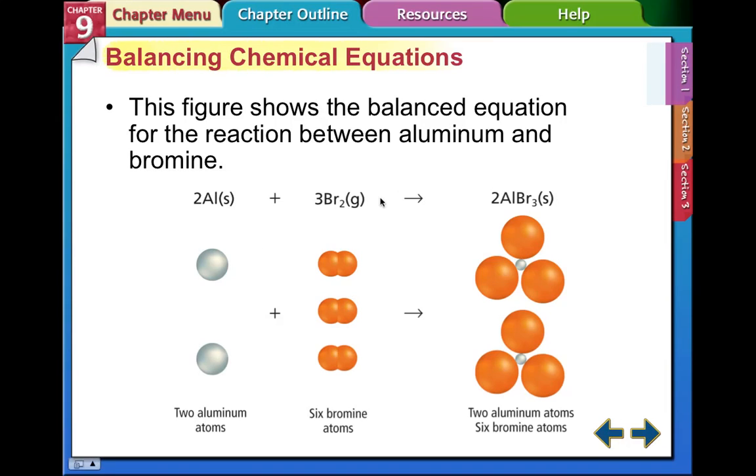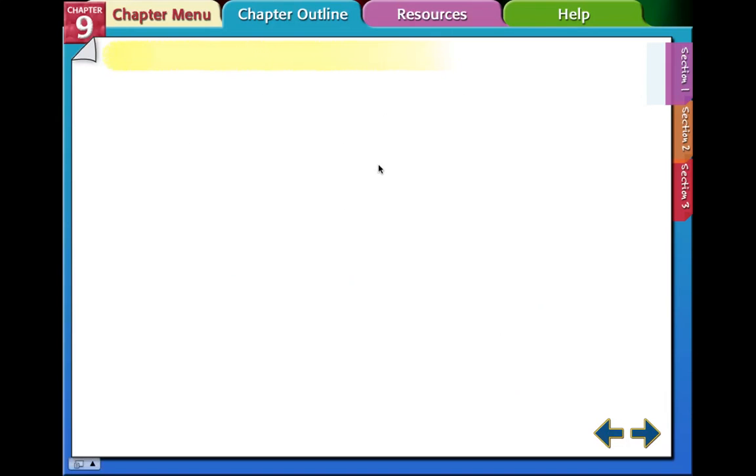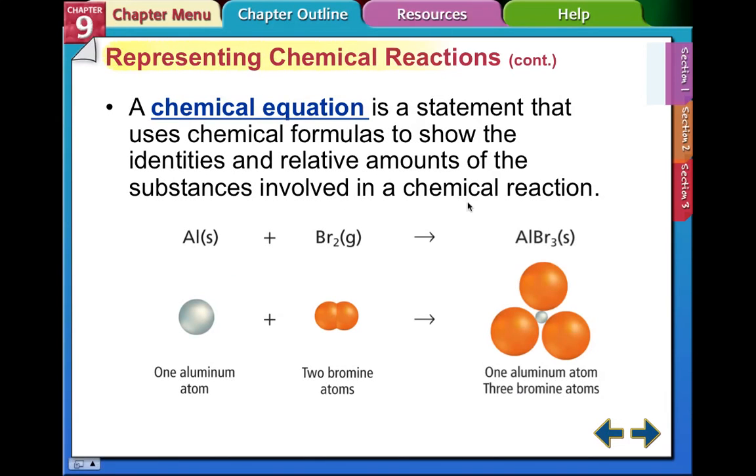balance the equation. So if we go back one here, you can see that this is the reactant side, this is the product side. Over here we have one aluminum. On the product side we have one aluminum, so that is balanced. On the reactant side we have 2 bromines.